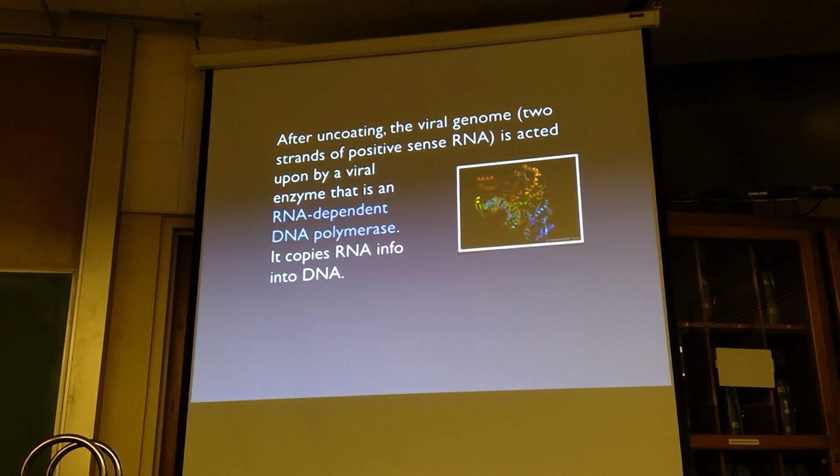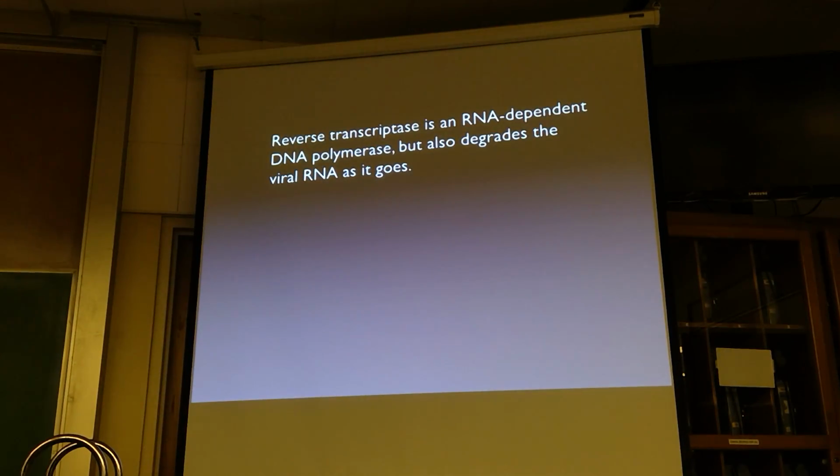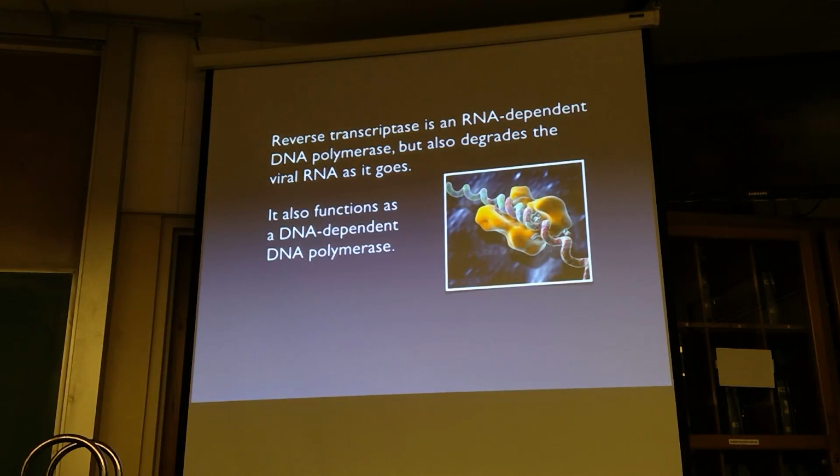Then it's going to be acted upon by a viral enzyme that is an RNA-dependent DNA polymerase. Again, the typical name for it is reverse transcriptase. But reverse transcriptase is an RNA-dependent DNA polymerase. So it's going to copy the information stored in RNA and make it into DNA. Again, this comes into the cell inside the viral capsid. As it goes along, it degrades the RNA.